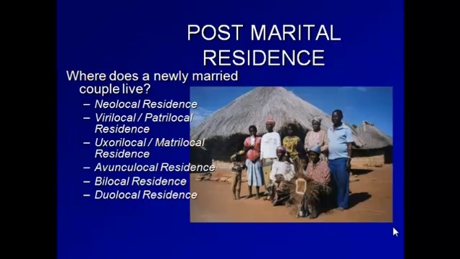This form of residence occurs among the Gwembe Tonga. In fact, when the Gwembe Tonga do practice formal rules of postmarital residence, they tend to follow the avunculocal residence pattern, where a newly married couple will go live with the groom's mother's brother.